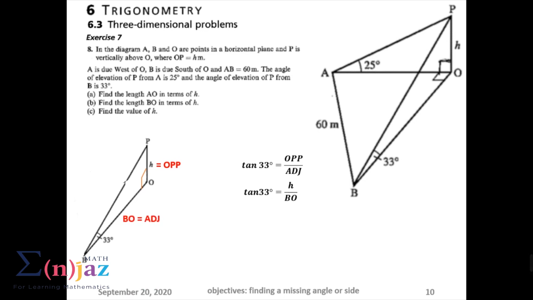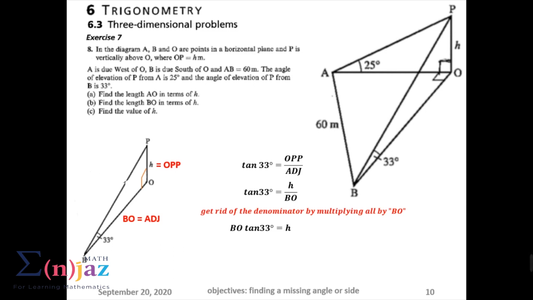We're solving for BO, meaning we want to make BO the subject. So we're going to get rid of the denominator by multiplying all by BO. Accordingly, the result will be BO times tan of 33 is equal to H. In this case, H is my subject, but I want BO to be my subject. To get rid of tan of 33, we're going to apply opposite operations.